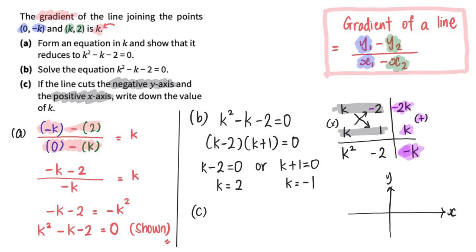And if the line has to cut the negative y-axis portion, which is here, I'm going to color code it. I'm going to use purple color. For the negative y-axis, it has to cut somewhere here. It also has to cut the positive x-axis portion, which is here.